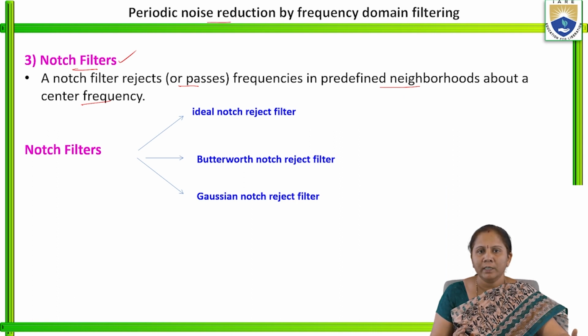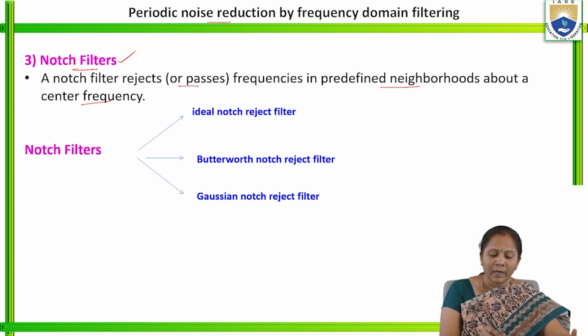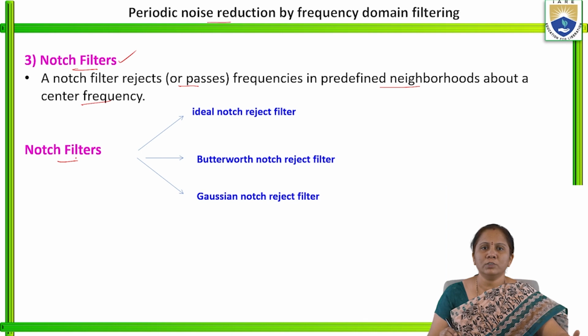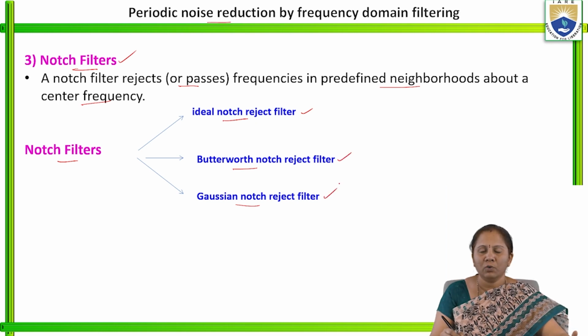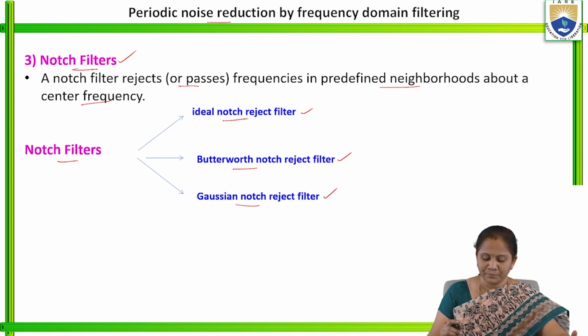After that it is going to reject or pass some other frequencies, based on the neighborhood value. And these notch filters are also classified as ideal notch filter, Butterworth notch filter and Gaussian notch filter. So we will discuss the transfer function of all these three types of notch filters.